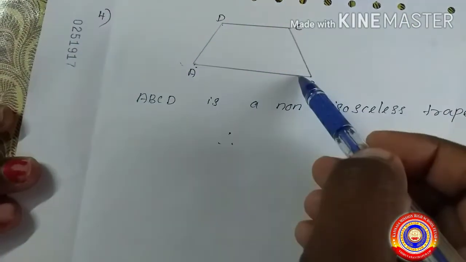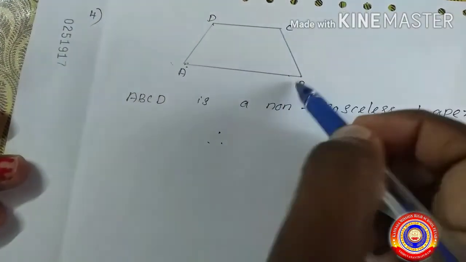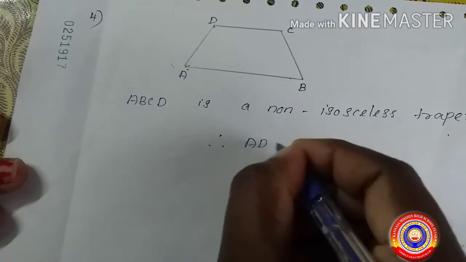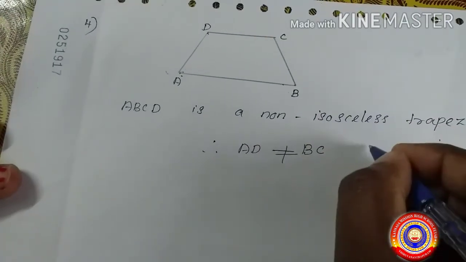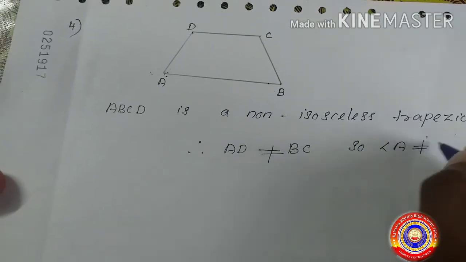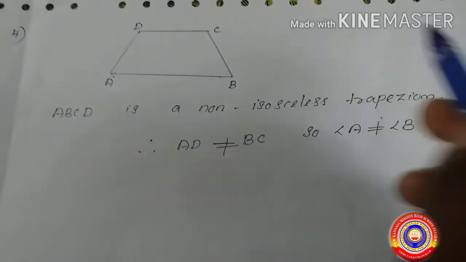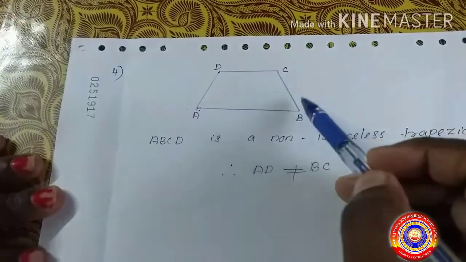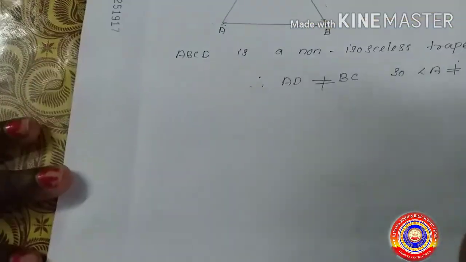If it is an isosceles trapezium, then AD equal to BC. Here it is given that it is a non-isosceles trapezium. So we can write AD is not equal to BC. So angle A is not equal to angle B because AD is not equal to BC.